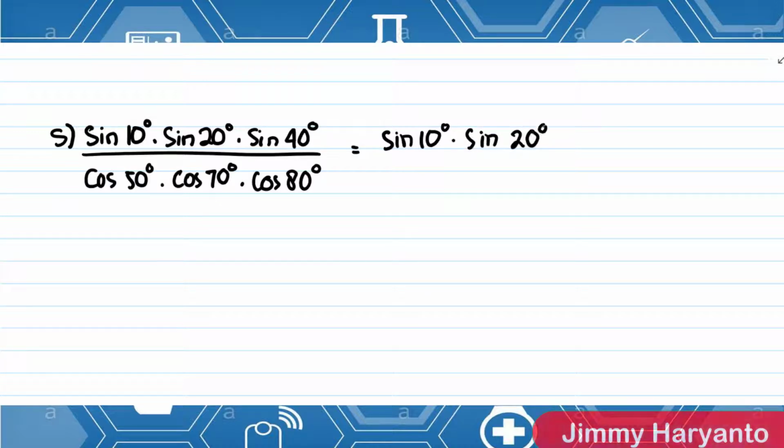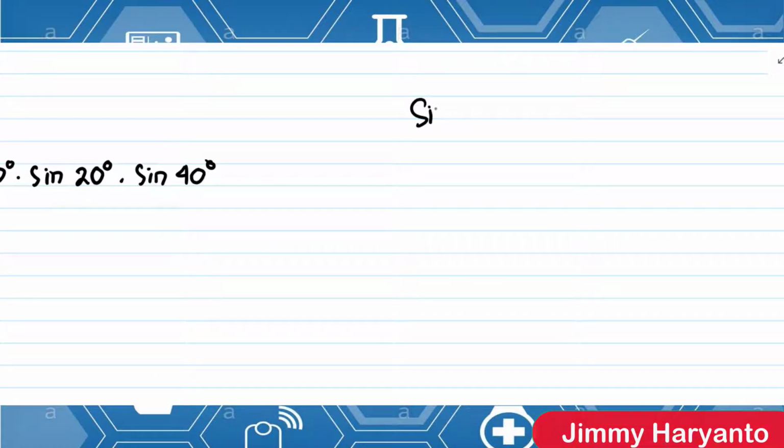As you know that sine 30 is equal to cos 60, right? Sine 30 is equal to cos 60, which is square root, half.